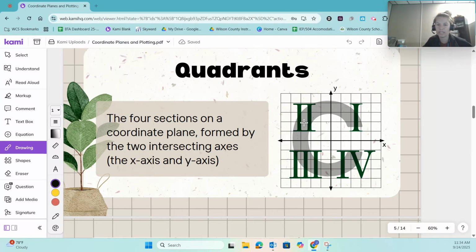Quadrant 2 is the top left corner. Quadrant 3 is the bottom left corner, and quadrant 4 is the bottom right corner. You can also see that this follows a C shape, so that can help you remember 1, 2, 3, and 4.